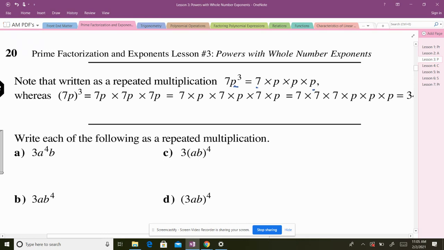If it's 7p all in brackets to the power of 3, that means 7p times 7p times 7p. Do you see the difference between this one and that one?